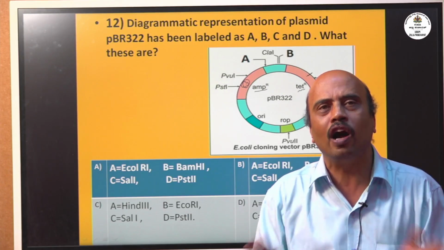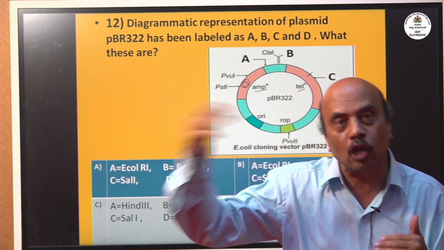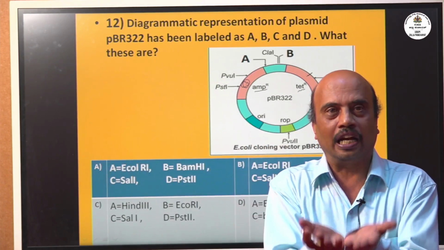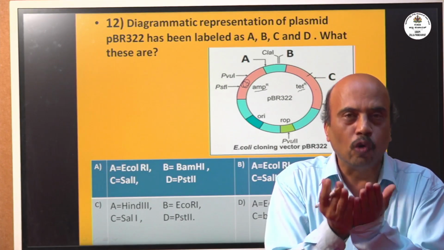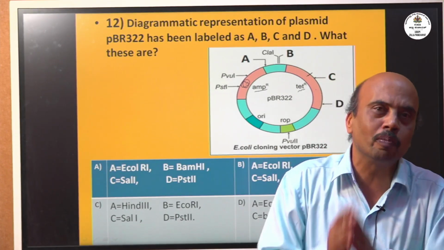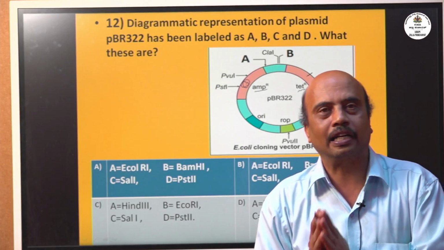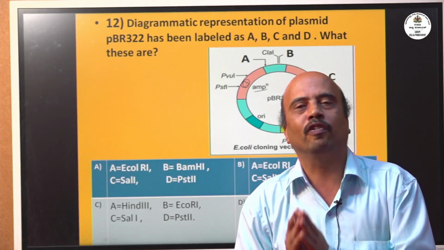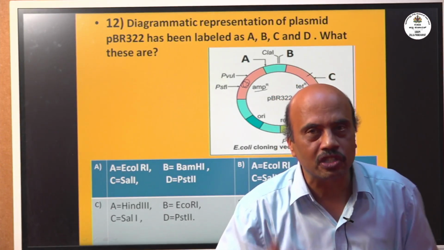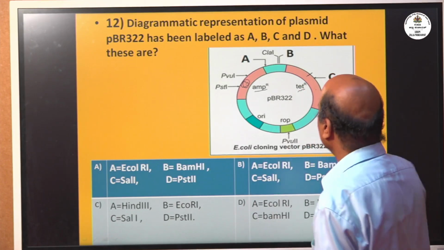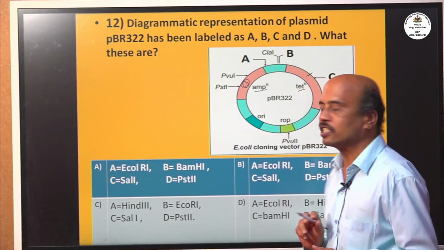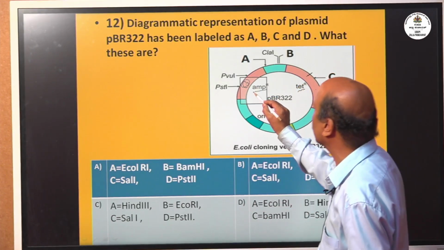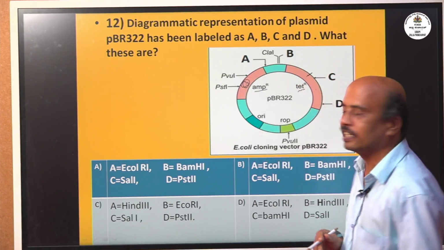Selectable markers for what? To eliminate non-transformants and select only transformants. That is achieved by using these sites, selectable markers in the form of antibiotic resistance sites. So here we have two antibiotic resistance sites: one is the ampicillin resistance site, another one is the tetracycline resistance site.